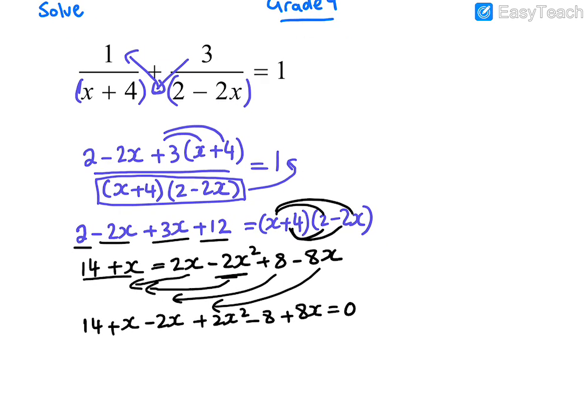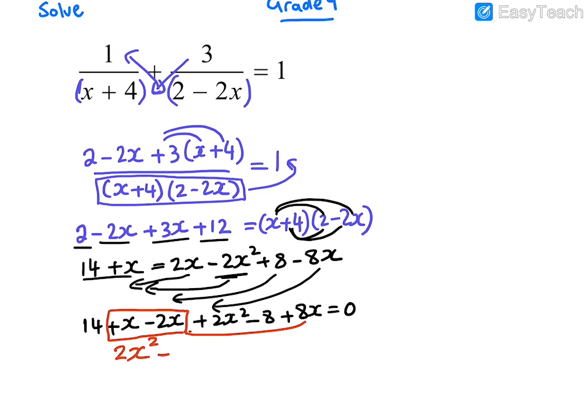So I'm going to write down the 2x squared at the front because that does not simplify with anything. So now we have this bit over here, x take away 2x is minus 1x. And then you got minus 1x, and you're adding the 8x.